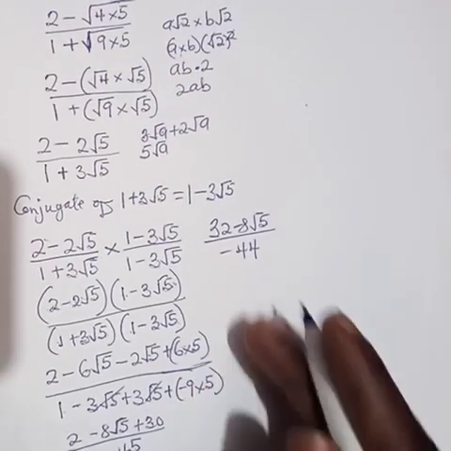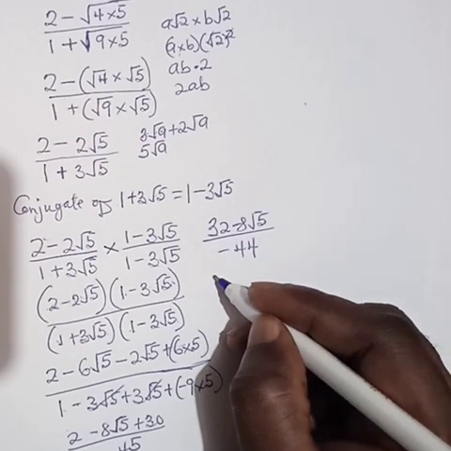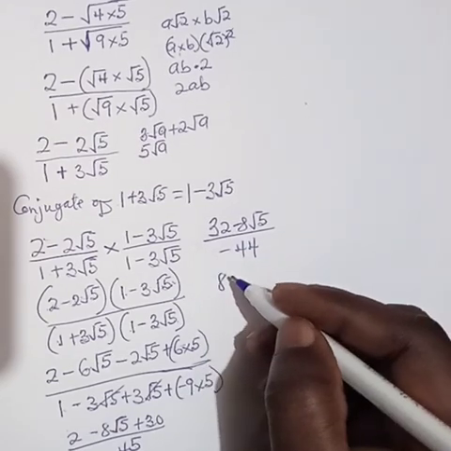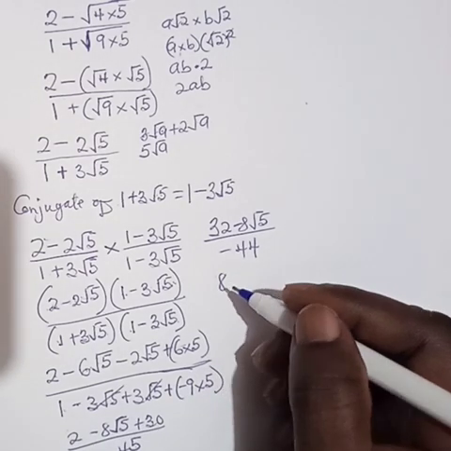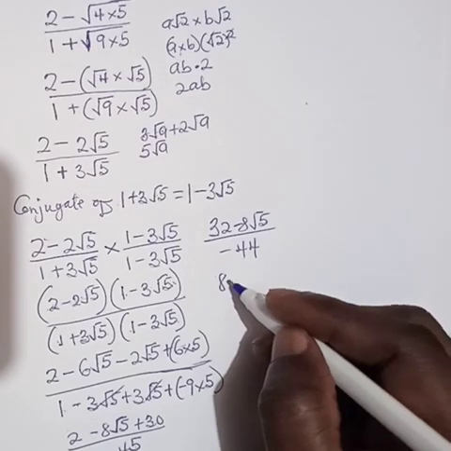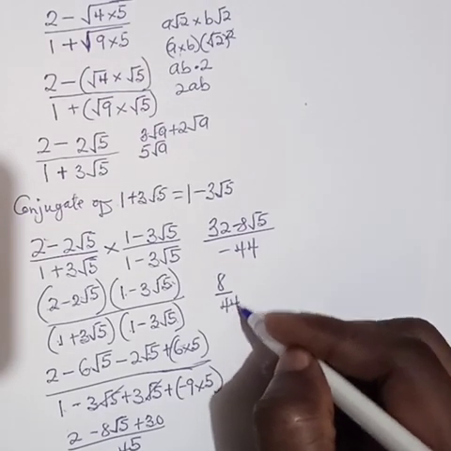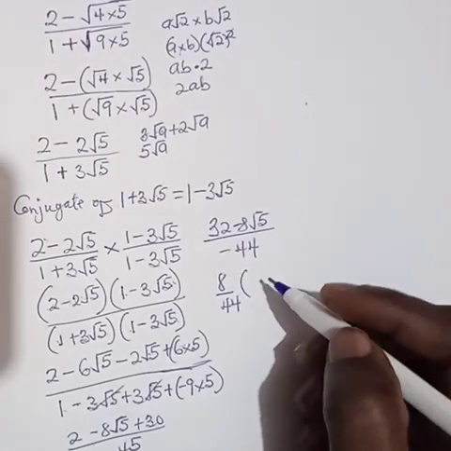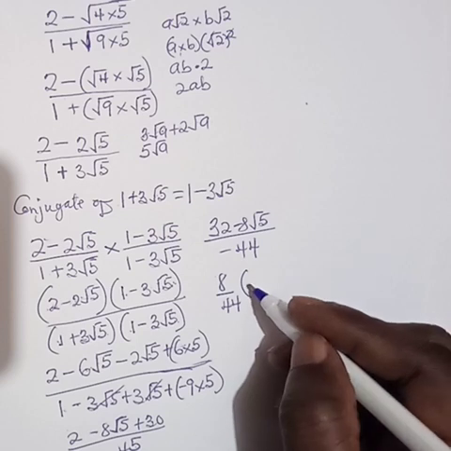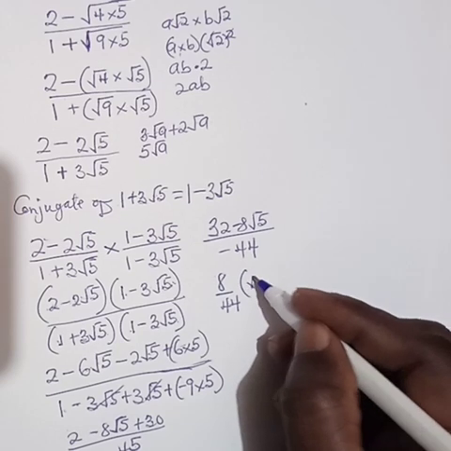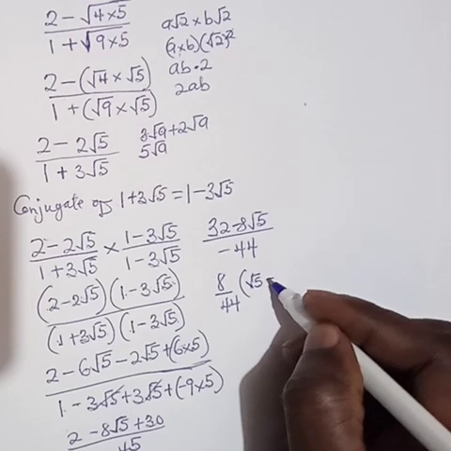Okay, so I can write it as 8 divided by 44. Then I'll open my bracket, and then I'll write root 5 minus 4.